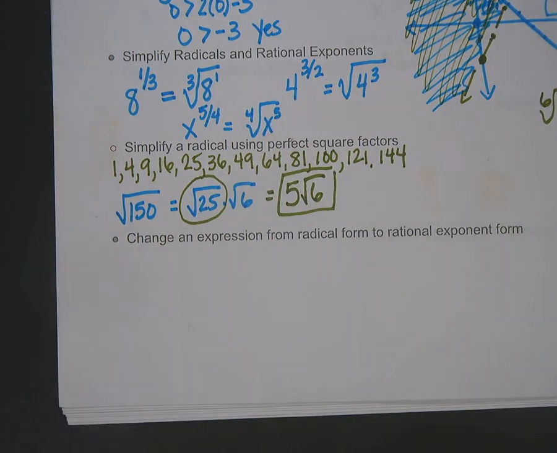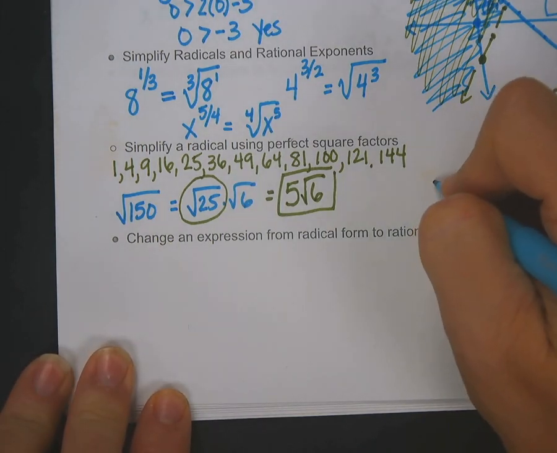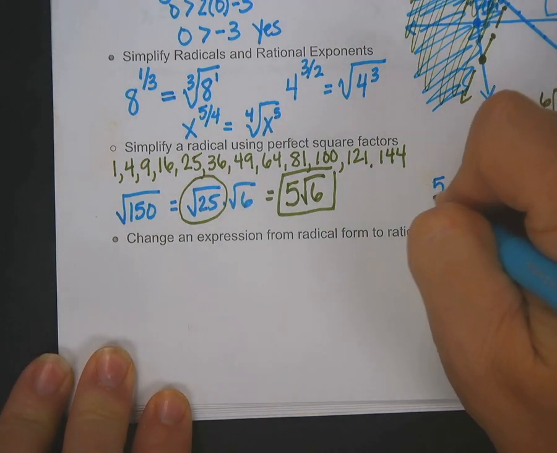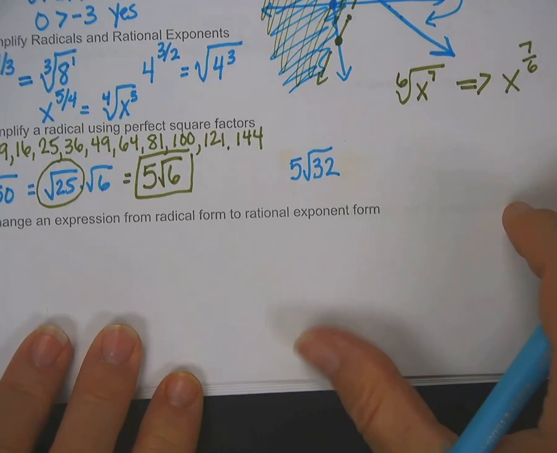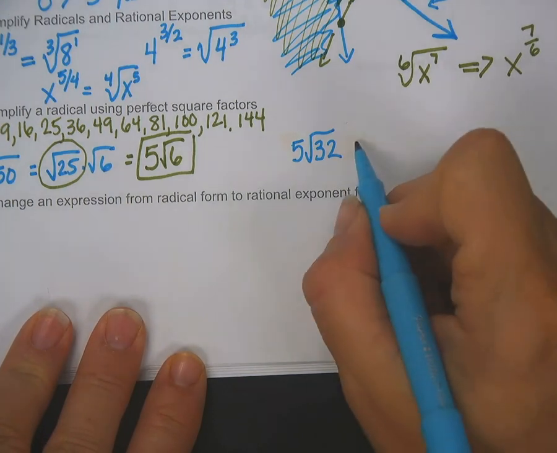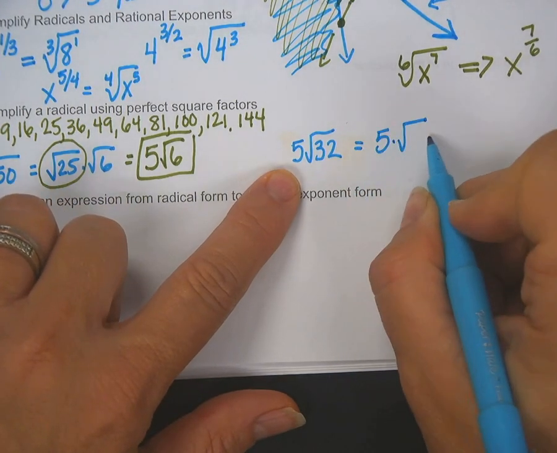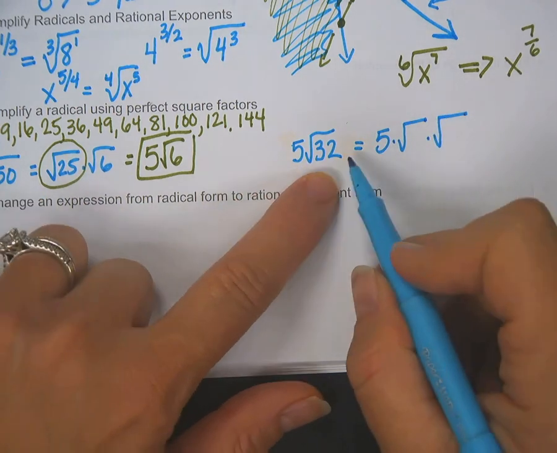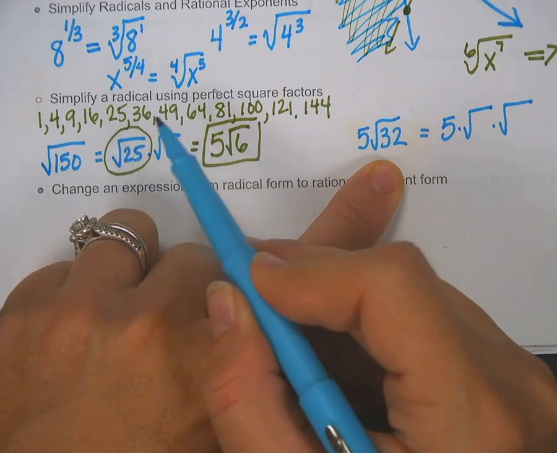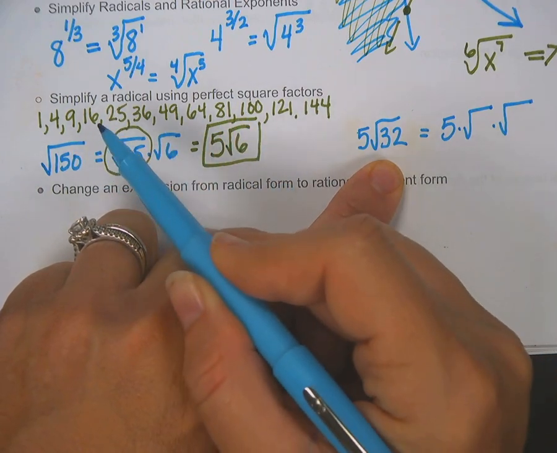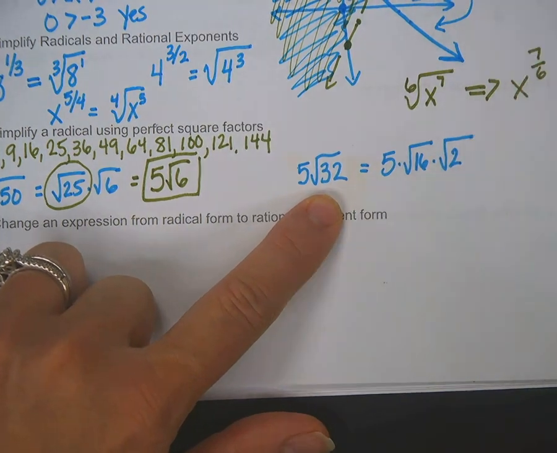Okay? Now sometimes there will be a number out front. So let's say that we have 5 times the square root of 32, and we need to simplify it. We're just going to ignore the 5 because that's all set, but we're going to break the square root of 32 down into factors. And we're going to try to find the biggest number in this list that's a factor of 32. So I notice that 16 times 2 is 32.